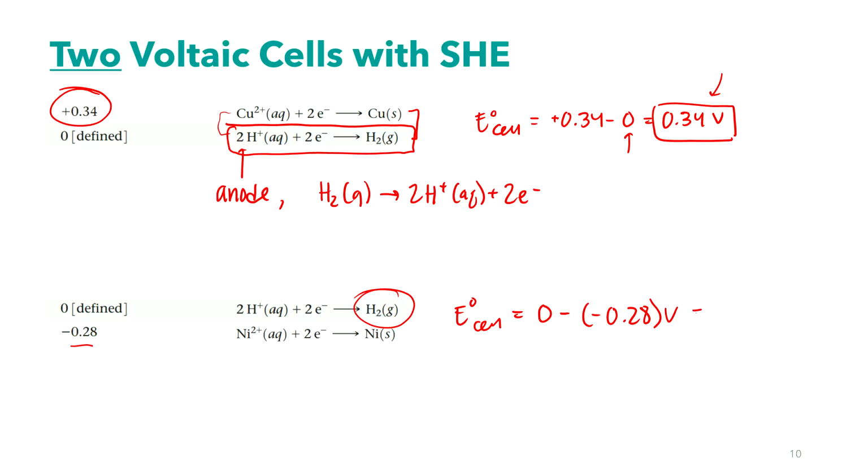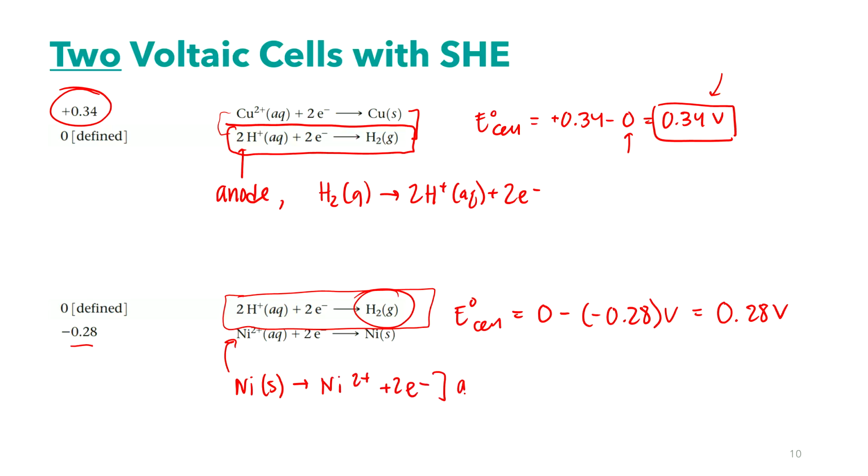So I get a plus 0.28 volts, but I know that this process is happening. So then I must be taking nickel and converting it to nickel 2+ and 2 electrons. This is what's happening at the anode. And I would see a generation of hydrogen gas in my standard hydrogen electrode.